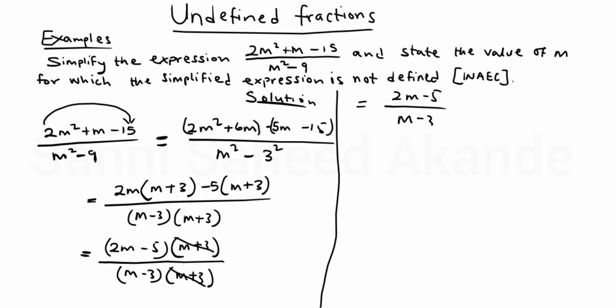Okay, so this is the simplification of this algebraic fraction given to us, but the question continues, say state the value of m for which the simplified expression is not defined. Now an algebraic fraction like this is undefined when the denominator is equal to 0.